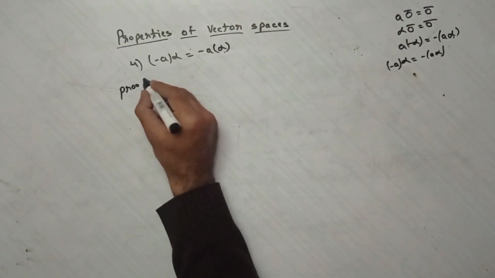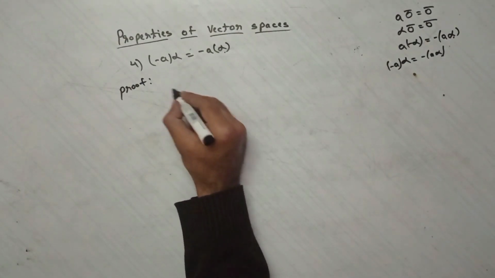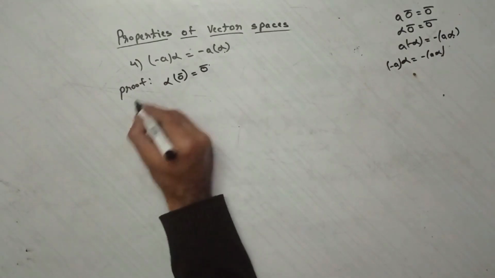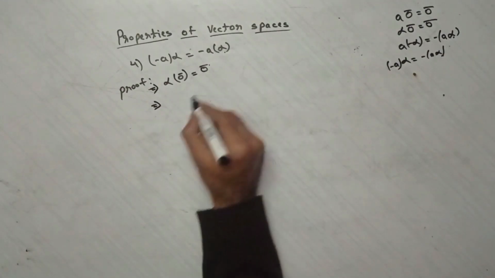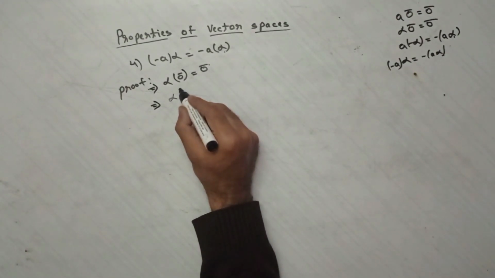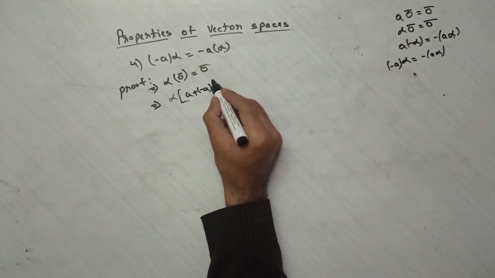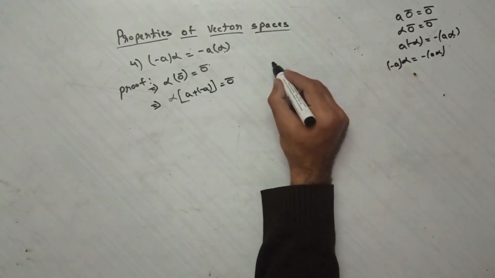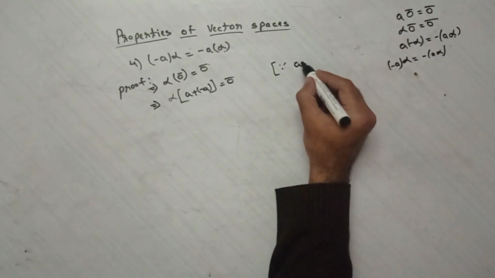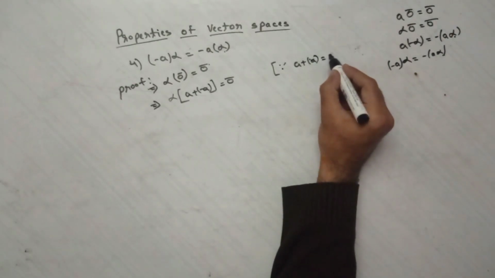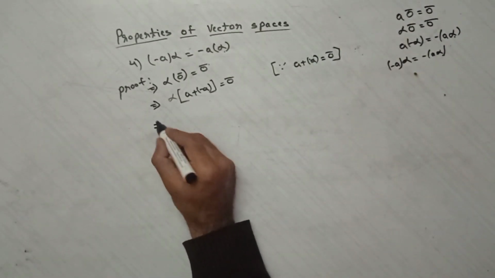By the proof above, alpha into 0 vector again gives us 0 vector. Going a step forward, we can write that 0 is a of minus of a, because it is a 0 vector. A of minus of a again gives us 0 vector.